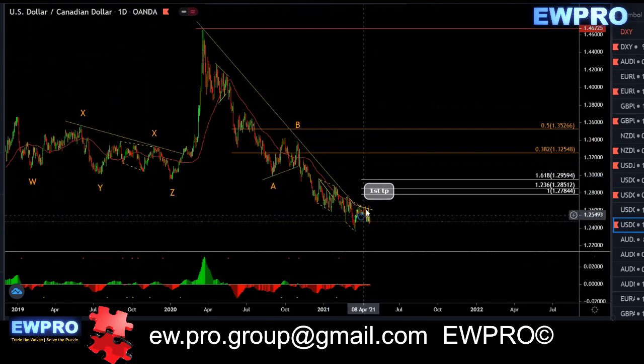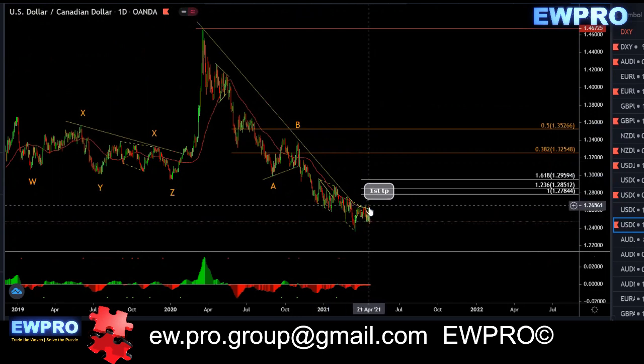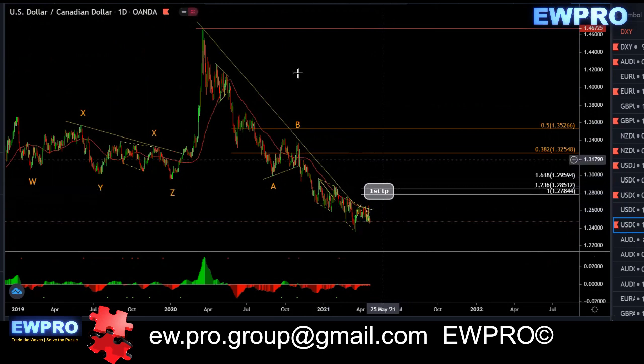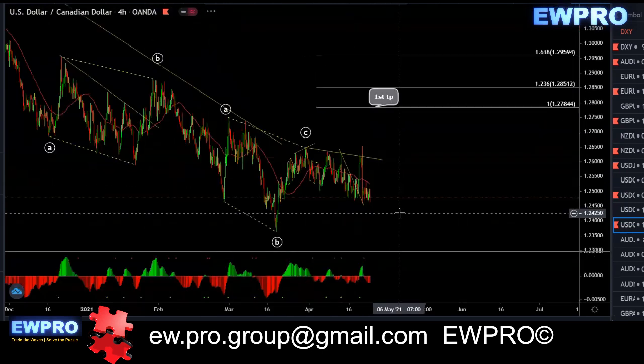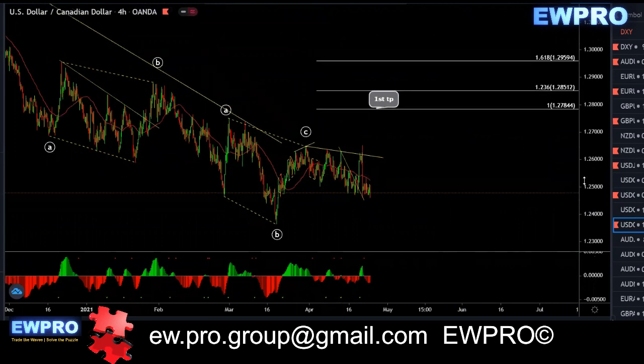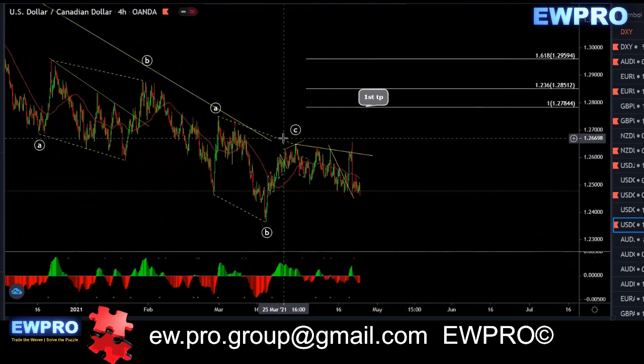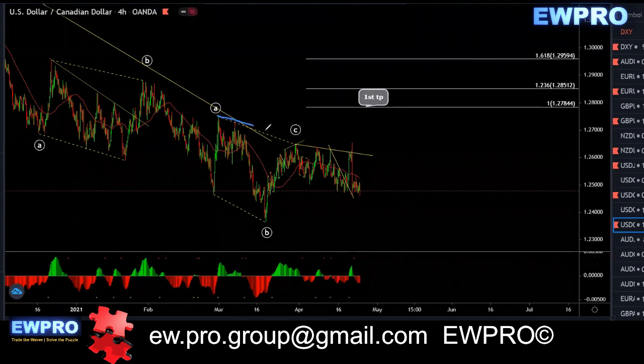This was looking rather corrective last week, to go up and break that top for the first target. A fair while ago, I said we're looking at this as a flat to go and break that low. But as soon as we got this, we ruled that out.